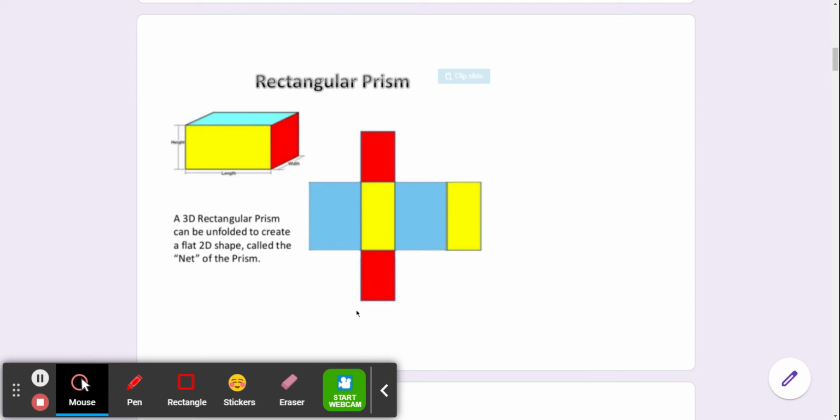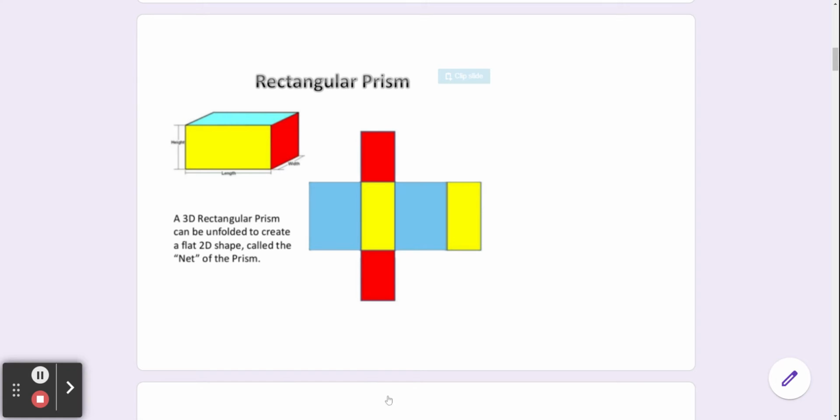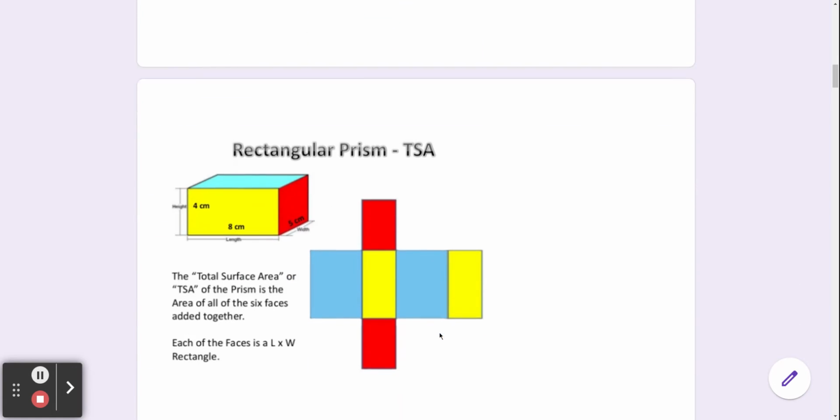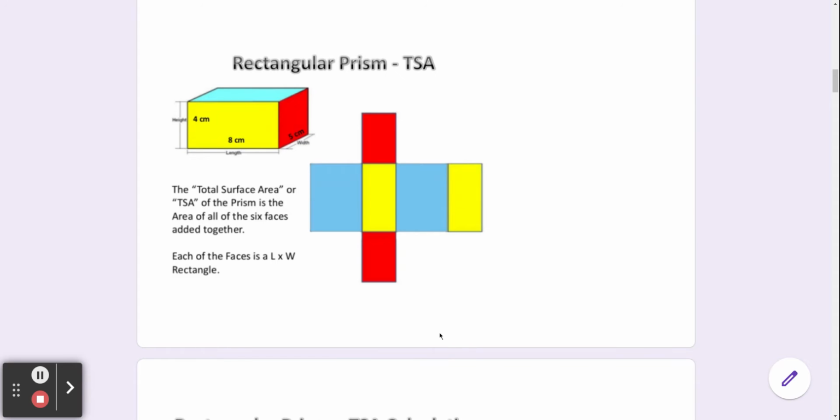A 3D rectangular prism can be unfolded to create a flat 2D shape called the net of the prism. And we can find the total surface area of the prism, the area of all the faces added together. So we're going to practice finding the area of each face separately, and then we're going to add them together.